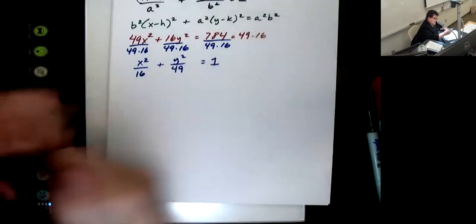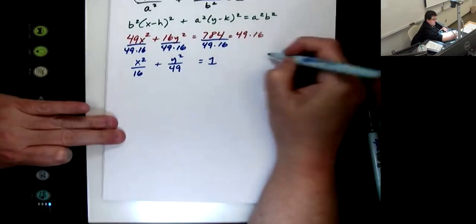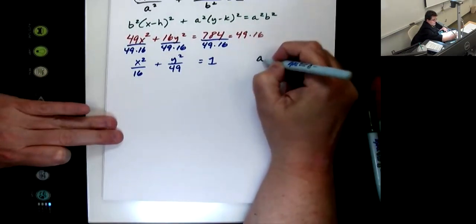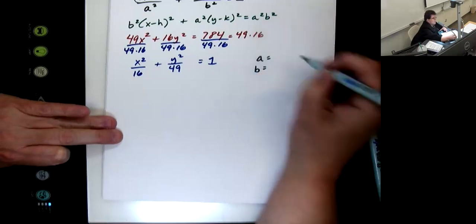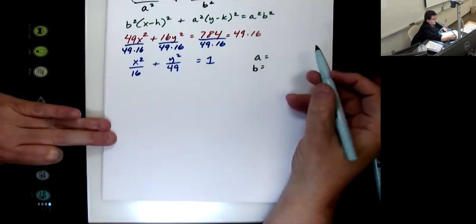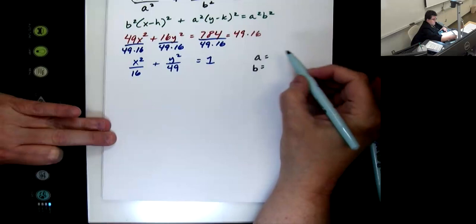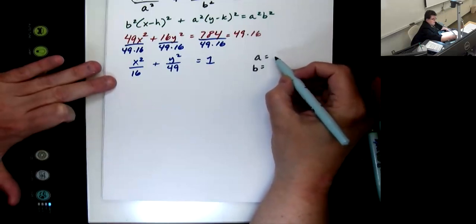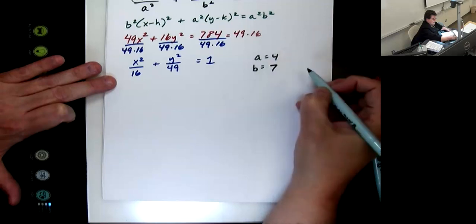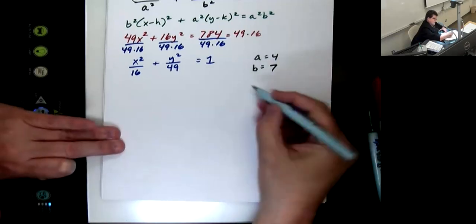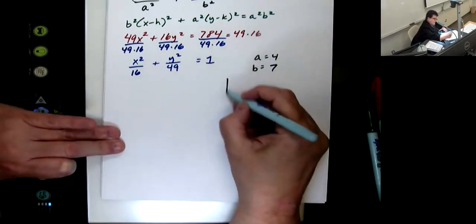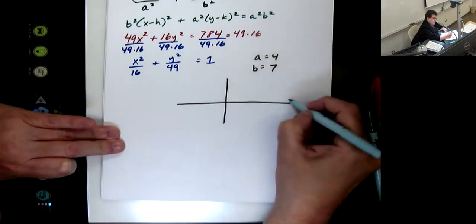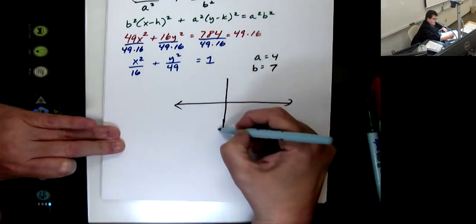So what does this look like? What is a squared, or what's a and what's b? Say that again? 4 and 7. 4 and 7. Yeah. So the x tells us how far from h, k we're going, left and right.